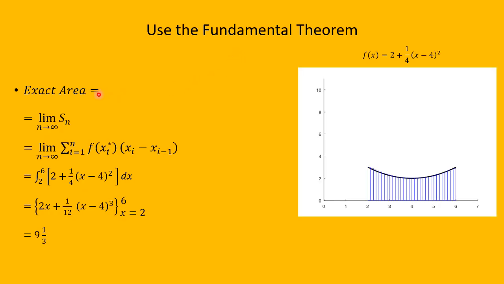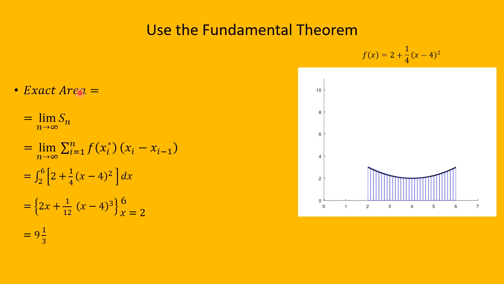So now we're ready to use the fundamental theorem of integral calculus to find the exact area under that curve by letting the number of rectangles go off to infinity. So remember that our function is this one that gives us this graph right here, and we're going to divide this up into n rectangles more or less and compute an nth Riemann sum.